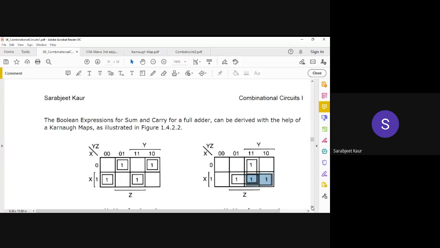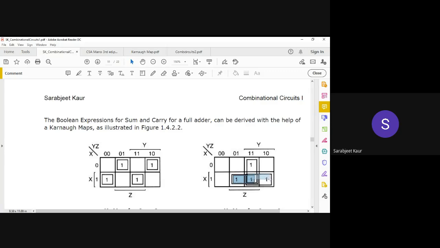So I'll get 3 terms corresponding to this. What will those be? For this doublet, it will be xy. Oh, sorry, yz. Yes, ma'am. For this doublet, it will be xz, x and z, right?